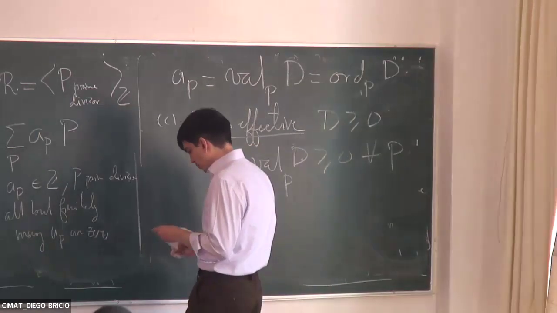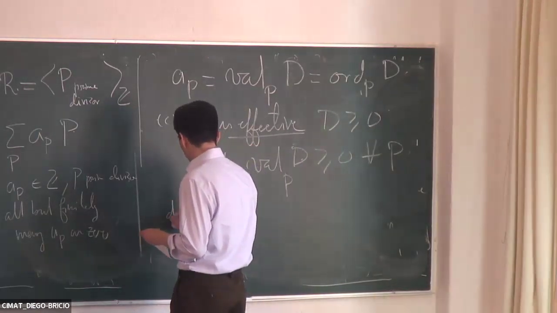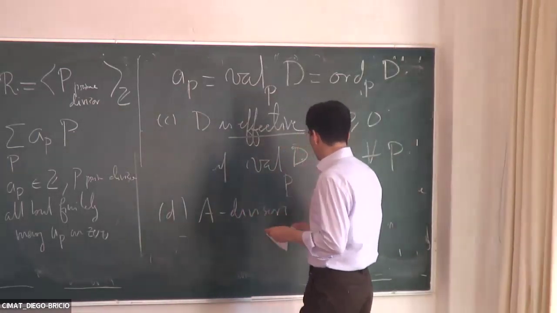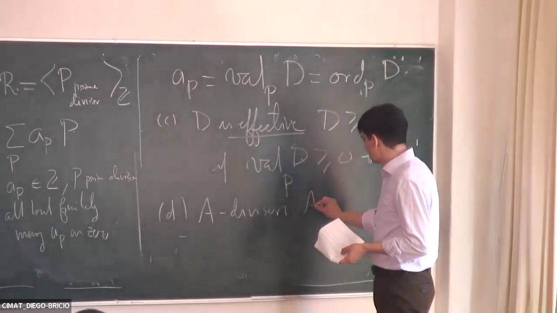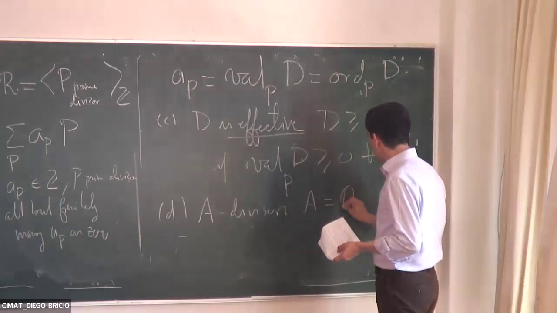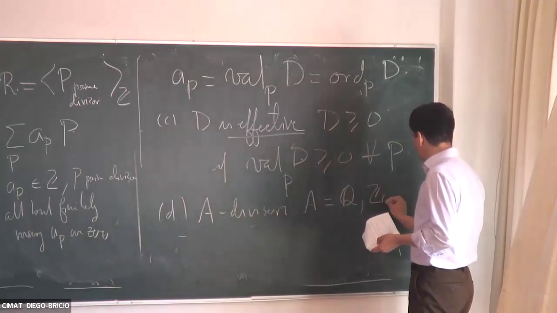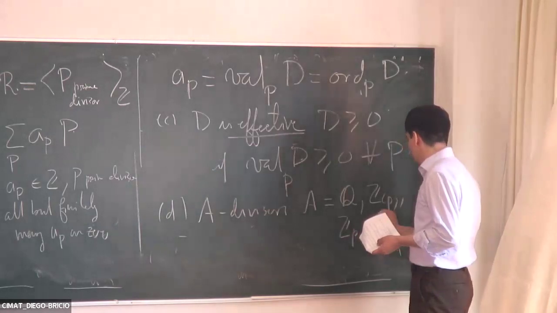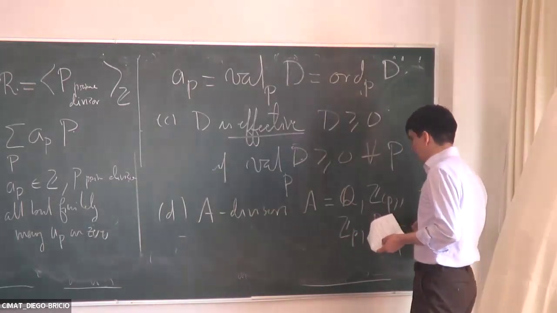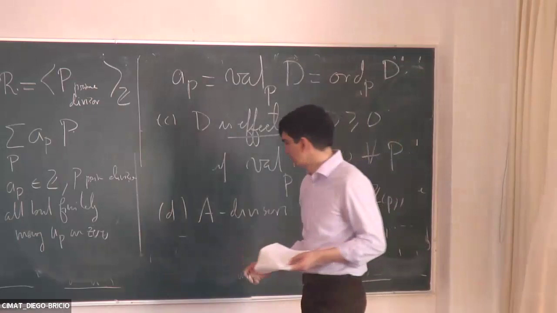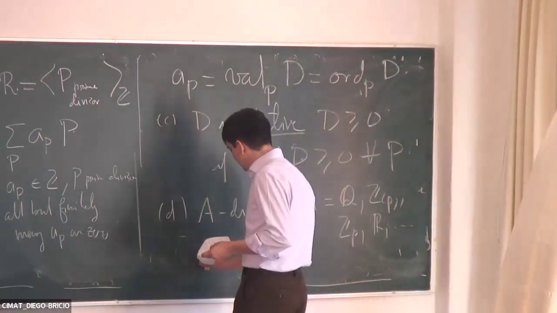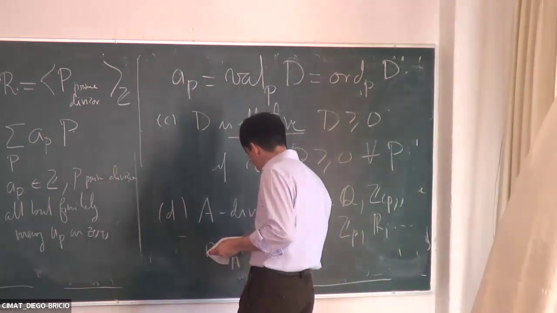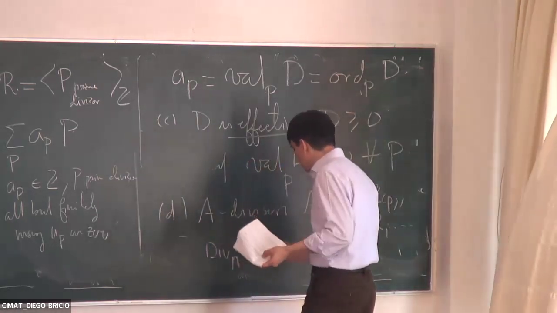Later on, we're going to be talking about A-divisors. When A, well, in principle it can be any ring, but let's say we're going to care about Q-divisors, Z localized at p divisors, but you can talk about F_p divisors, you can talk about R divisors, and any ring you want. And what is that? Well, it's an element of what people denote by Div_A(R), and you just enlarge your coefficients.